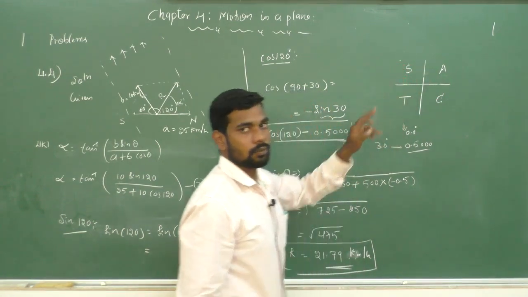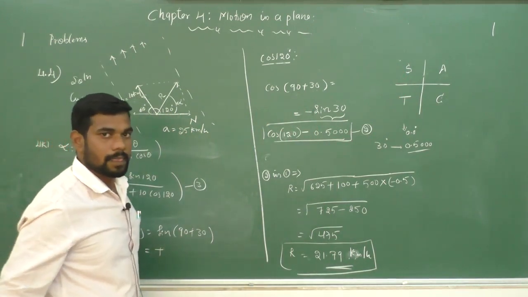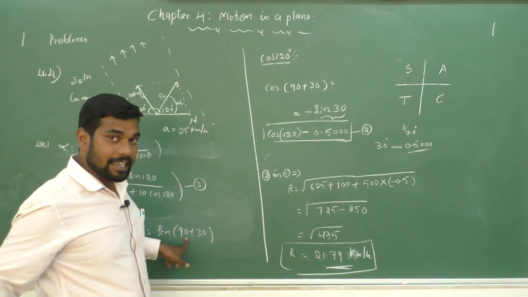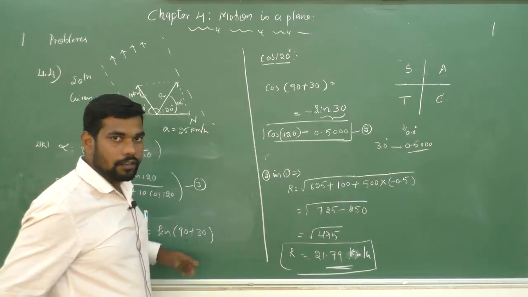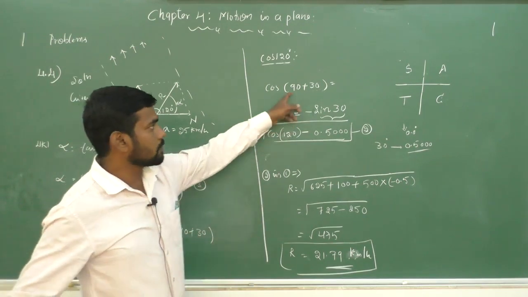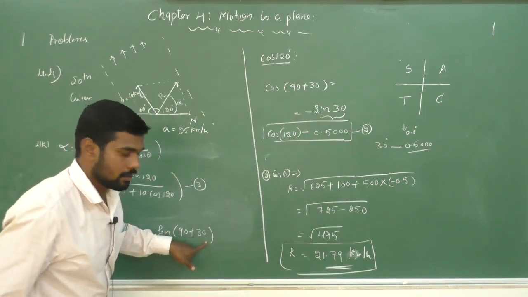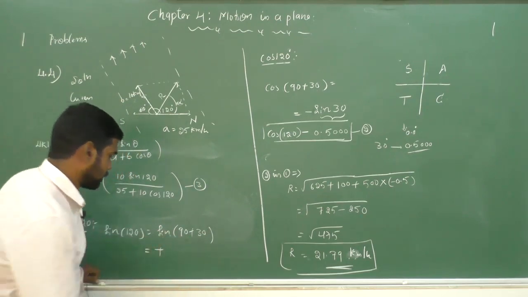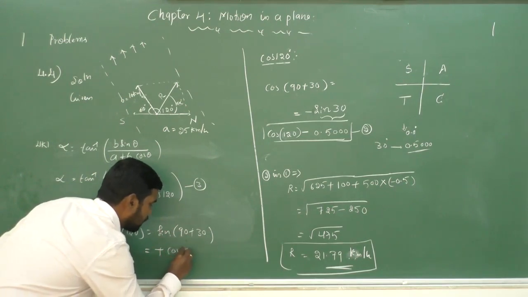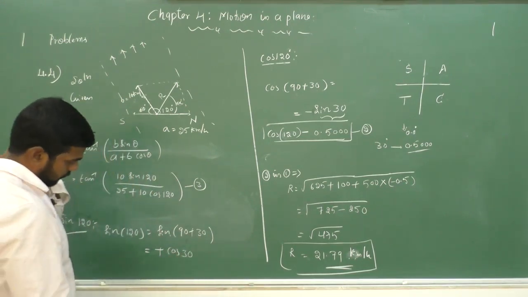Here sin is positive. Now with sin of 90 plus theta, the sin will be converted into cos. Sin 90 plus 30 will be converted to the cos value, cos 30. Okay, cos 30 is there.